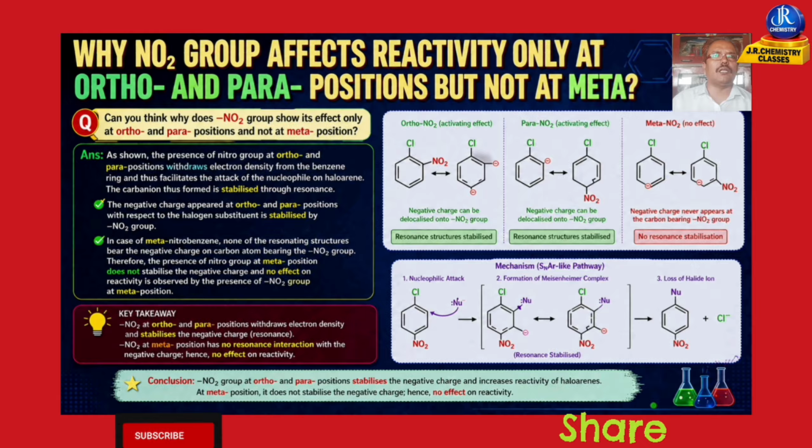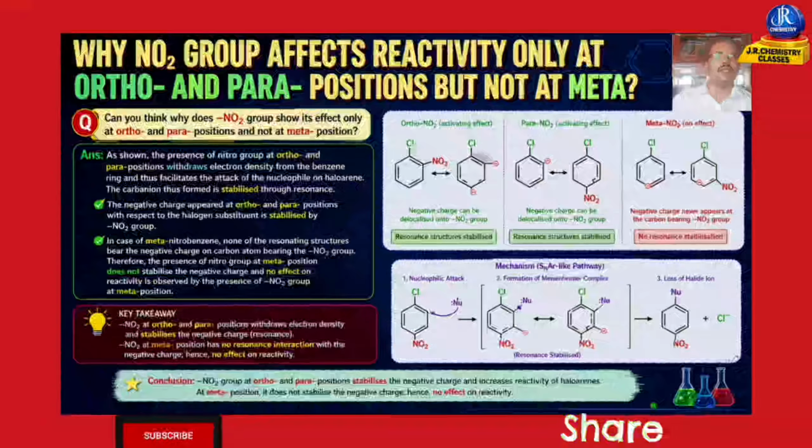The negative charge appearing at ortho and para positions with respect to the halogen substituent is stabilized by NO2 group, while in case of meta-nitrobenzene, none of the resonating structures has the negative charge on the carbon atom bearing the NO2 group.